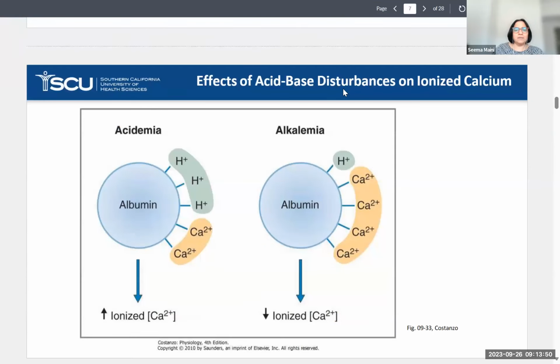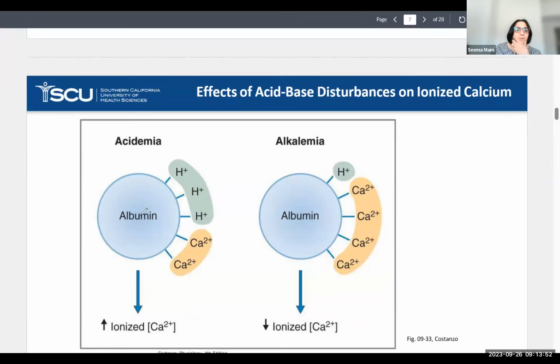Let's look at a single albumin molecule, and this albumin molecule is binding hydrogen ions and calcium ions. Say for example, this is albumin and it has 6 or 8 binding sites. So 4 of the sites are occupied by hydrogen ions, and 4 sites are occupied by calcium ions.